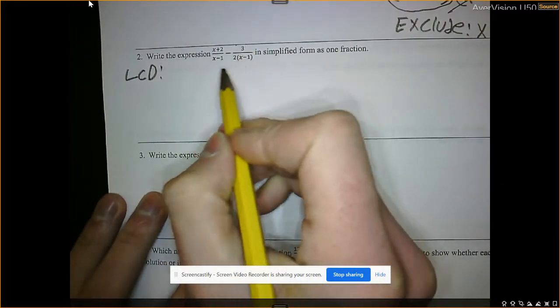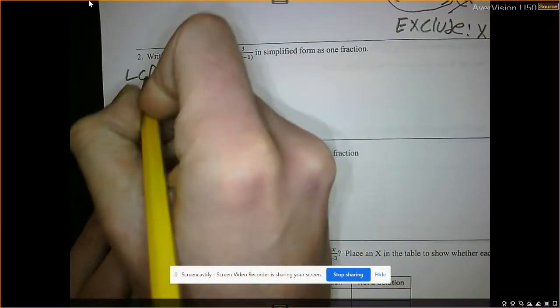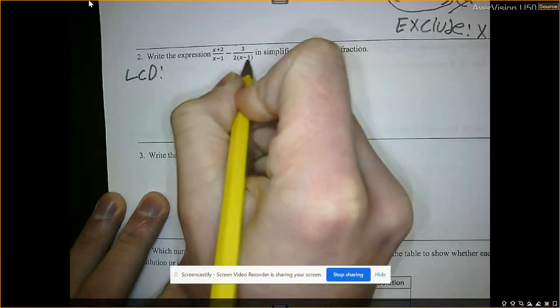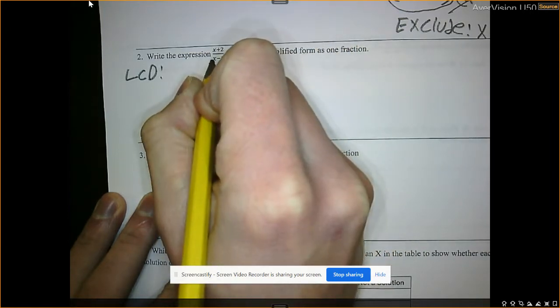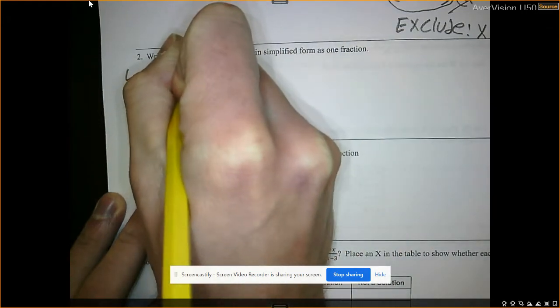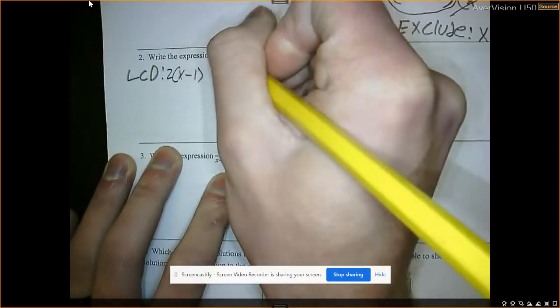So now here, our least common denominator, well, if we have a 2 times x minus 1 here, this just needs to be multiplied by 2, and it's also at 2x minus 1. So that's our least common denominator. Then I have to go ahead, and to make this 2x minus 1, I multiply it by 2.